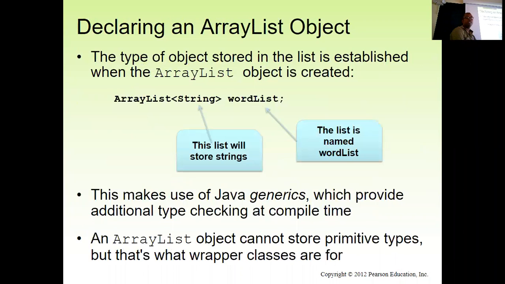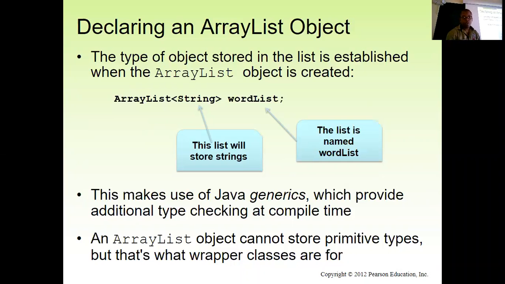Okay? So in Java, to declare an array list, you have to make use of the type, or Java generics, in order to specify the type that you are going to be storing in that array list. So if we wanted to create an array list that is able to store string objects or book objects or whatever the case is, then we have to make sure that Java is aware of what we're trying to do.